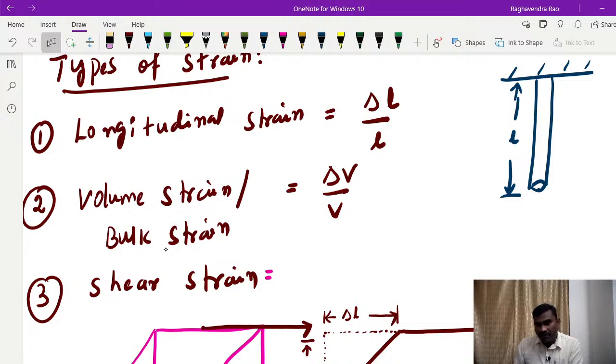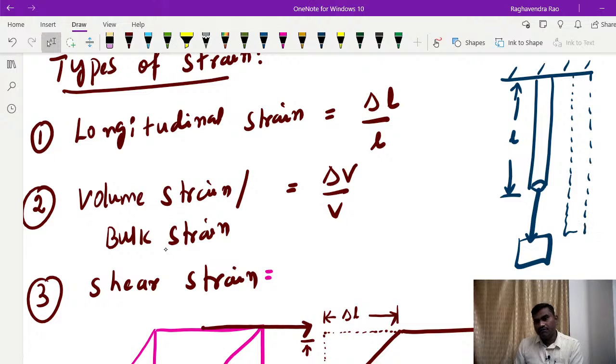Now, because of applying some stress, as we attach some weight to the wire, the wire is extended up to here because of this weight. This is the original length, this is the extension. This is called the change in length, that is delta L. So change in length by original length is known as longitudinal strain.